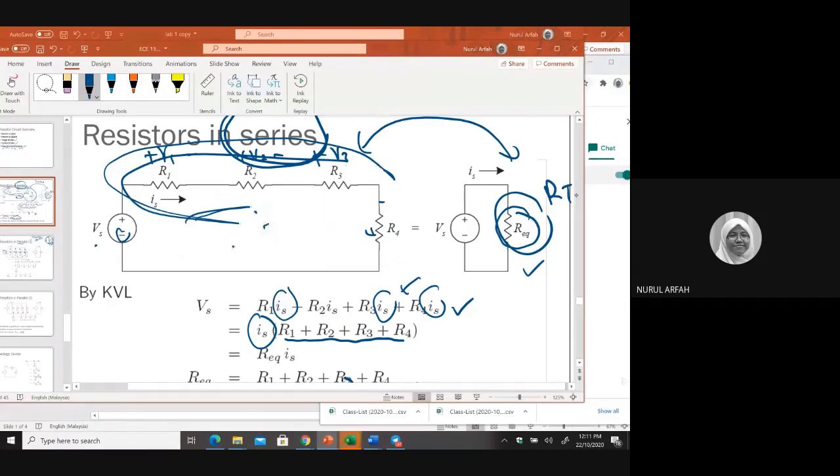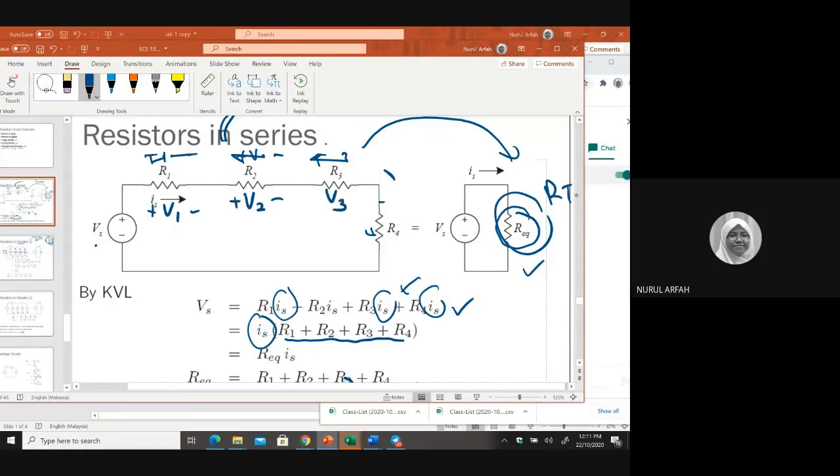Okay, if you look at the series circuit here, there's some voltage drop, right? Voltage drop here and voltage drop here, voltage drop here and here. What do you think? Voltage drop V1, V2, V3, and V4 and Vs, are they equal to each other?